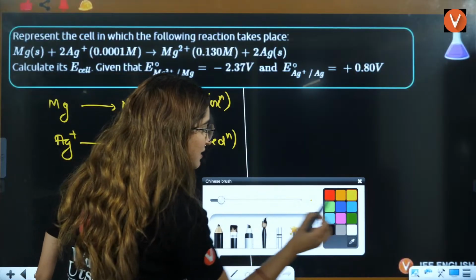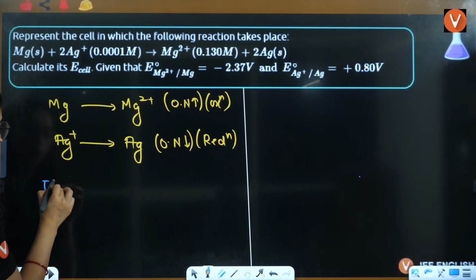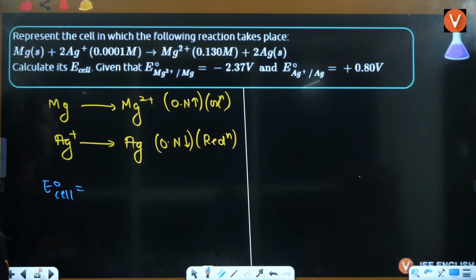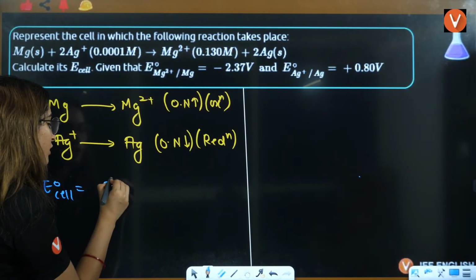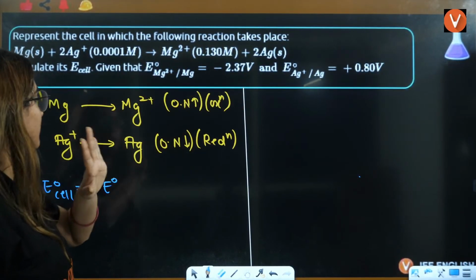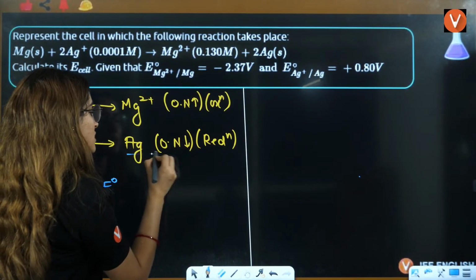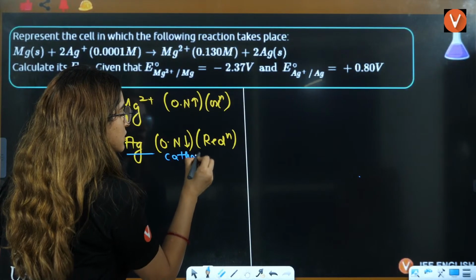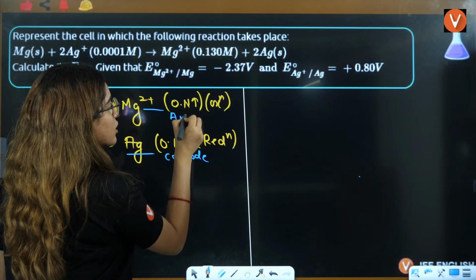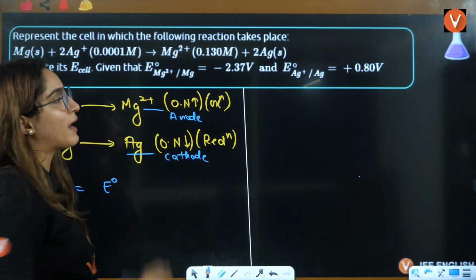So can we say that E naught cell will be the E naught reduction potential of Ag, that is cathode. E naught cathode is reduction. See, this is your cathode, this is your anode. So that's why you will write cathode minus anode.